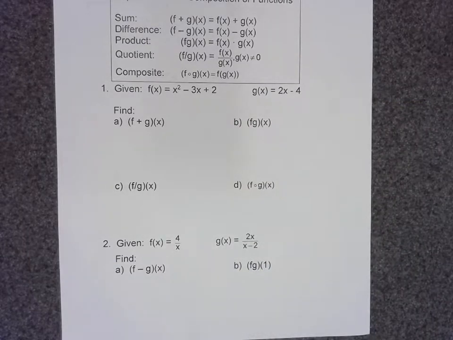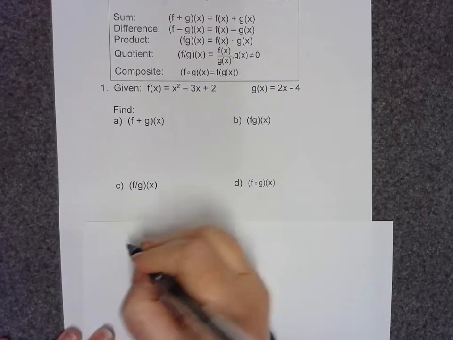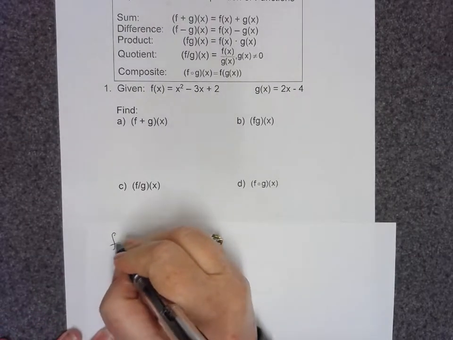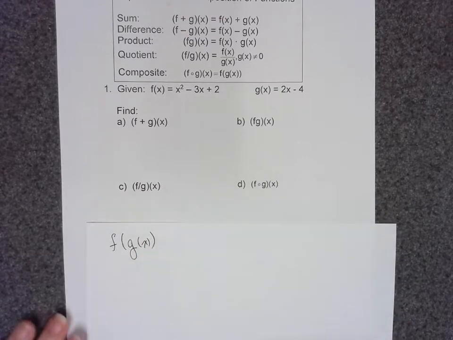Alright, let's come on over here. I'm just going to grab a pen. We're going to write this as f of g of x and close both parentheses.